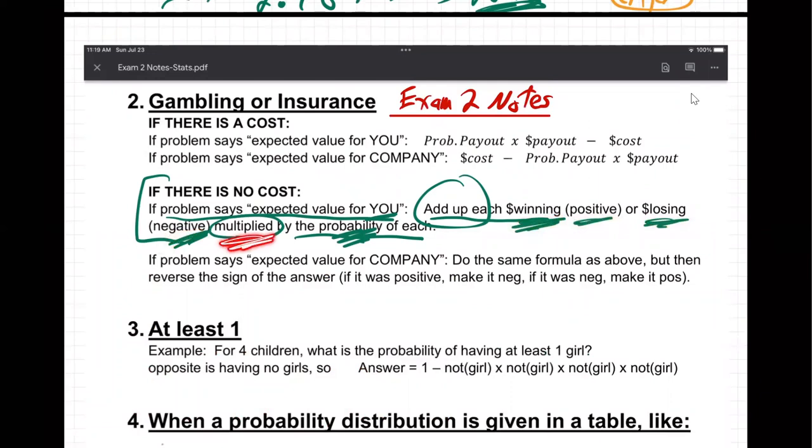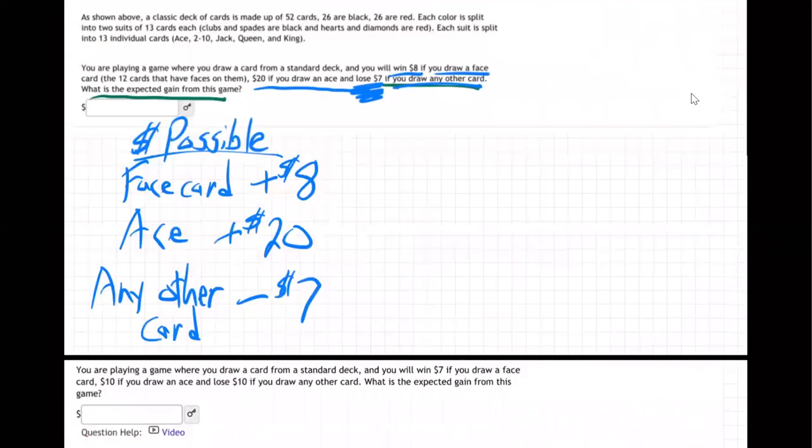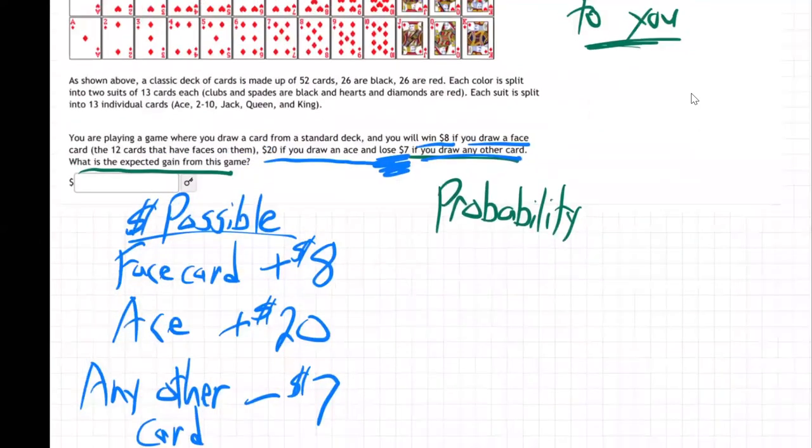And I have to multiply each of those by the probability of each. So I have to go over here and say, okay, now what's the probability of each of these things happening? For example, I can do 3 separate lines here, which might be helpful.